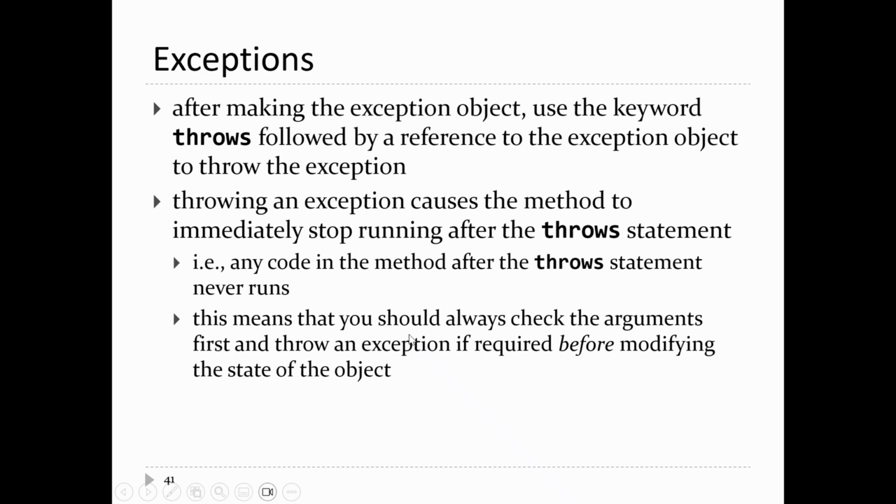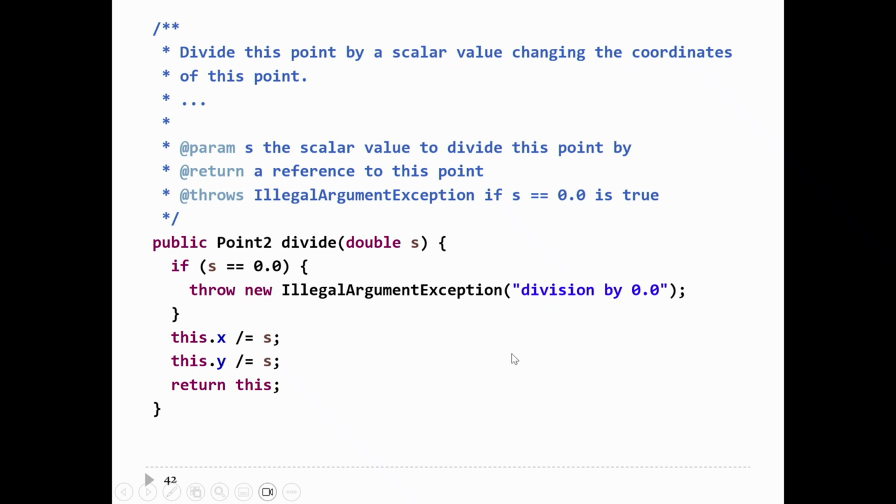In a method that has a precondition, you don't want to change the state of the object if you have an invalid input. You want to test for the precondition first. If the inputs are invalid, you want to stop before you do anything else. So you want to test and throw before you do anything else, like this.